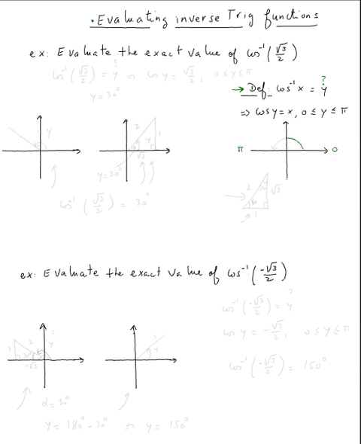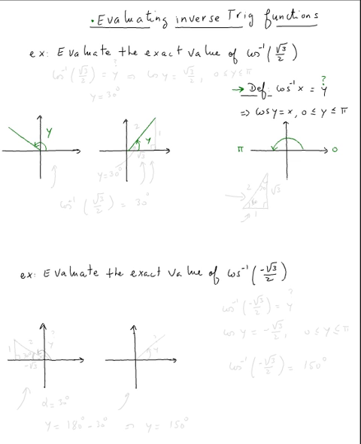Y goes from 0 to pi, which means it's either gonna be between 0 and pi over 2, first quadrant, or between pi over 2 and pi, which is second quadrant. So these are the y's we're looking for. Has to be one of these.